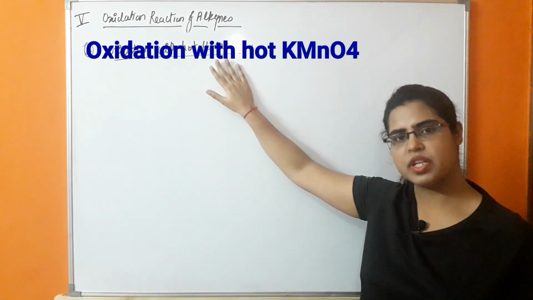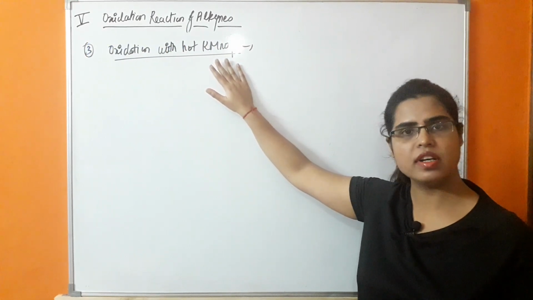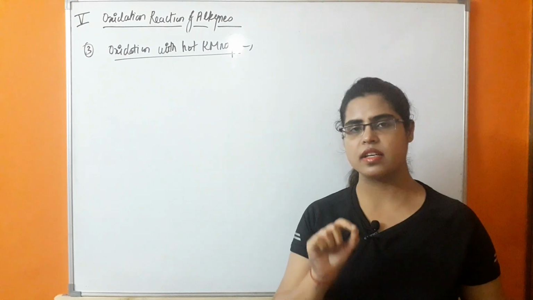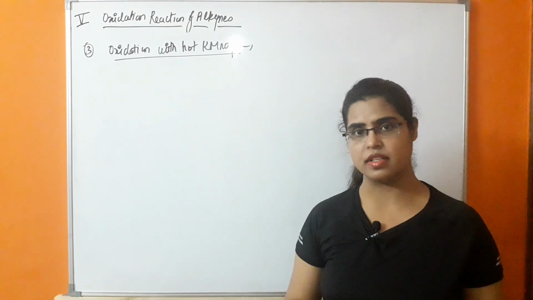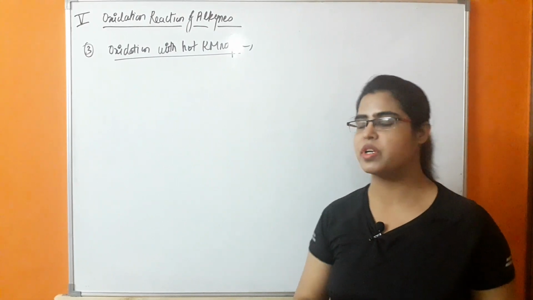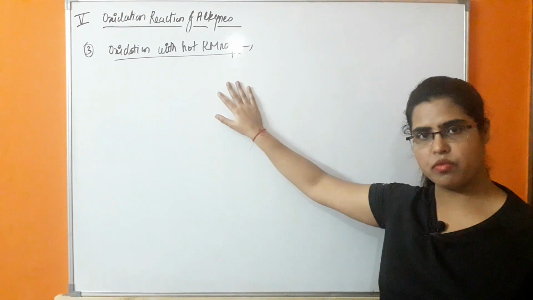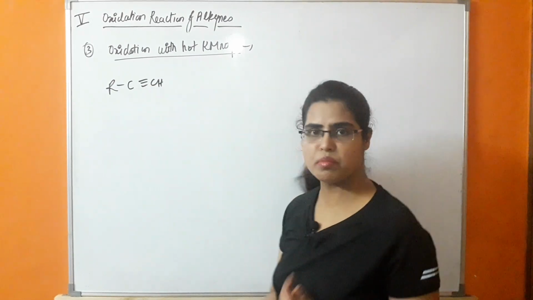In this case the temperature of the reaction mixture will be higher in comparison to that of cold dilute KMnO4. In this case there is complete cleavage of the carbon-carbon triple bond. It means both sigma and pi bonds are cleaved in the presence of hot KMnO4. R, C triple bond, CH. This is a terminal alkyne.